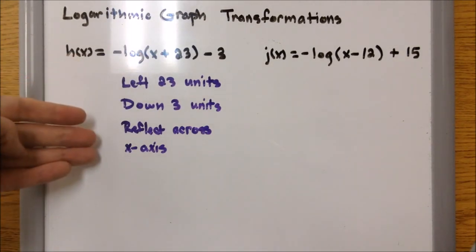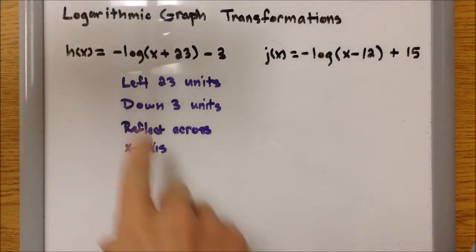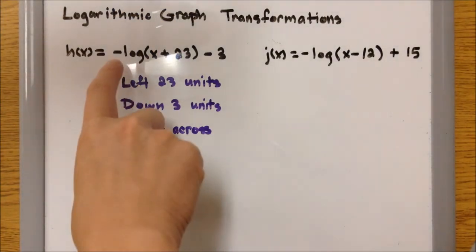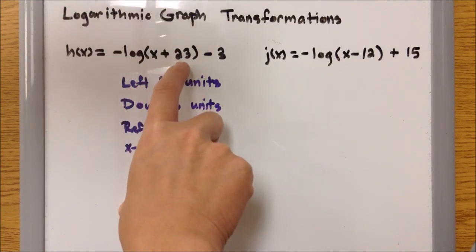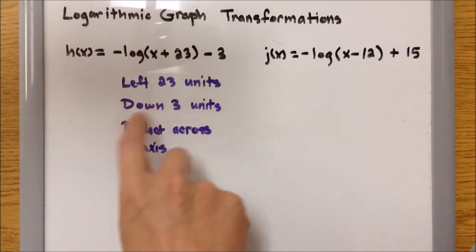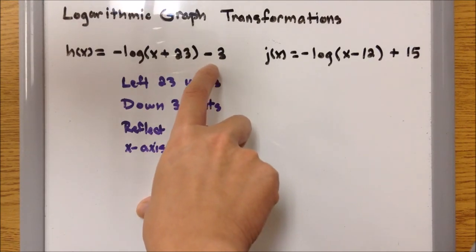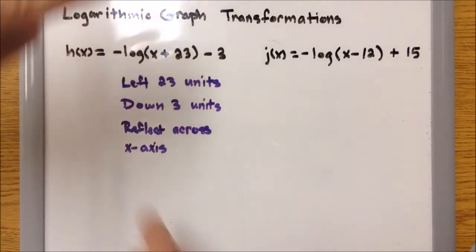Those are the three transformations for this function. Reflect across the x-axis for the negative in front of the function. Left 23 units for the plus 23 inside the parenthesis with the x. And then down 3 units for the minus 3 outside of the parenthesis after x.